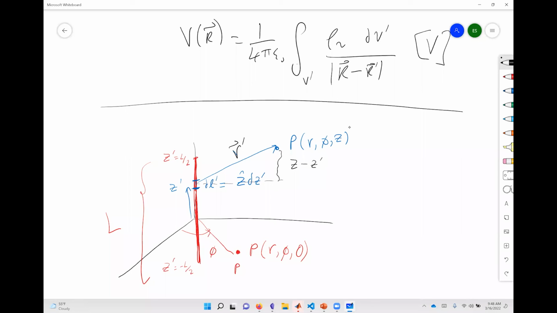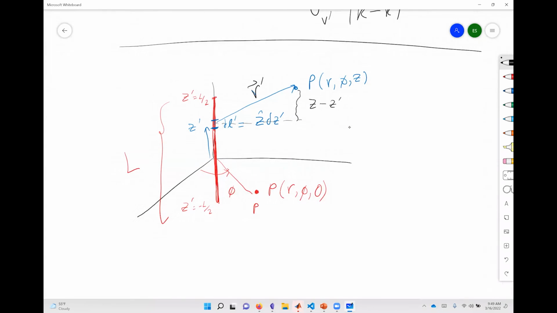And phi could be anything. So what is the distance between any segment of the line and the general point in space?